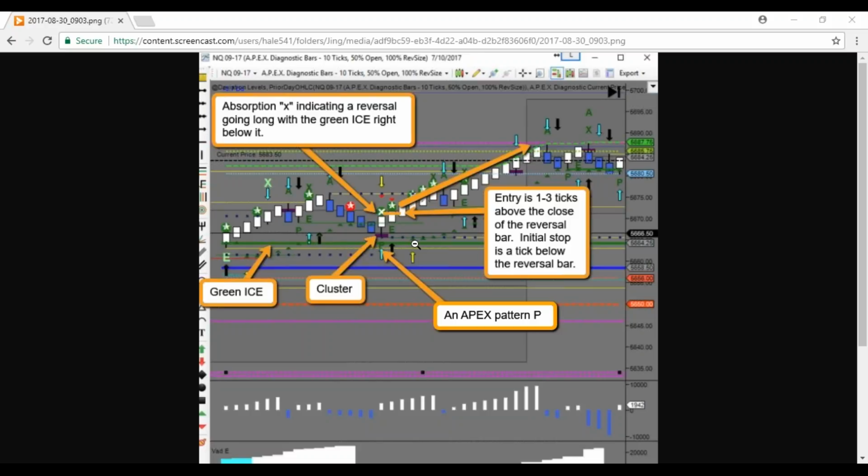So could you take the trade at the close of the E bar, 1 to 3 ticks above the E bar if you missed the first entry? Yes. Not only does that set you up because that's how we normally enter off that system anyway, this is just a different setup, but what else do you also have on that bar?